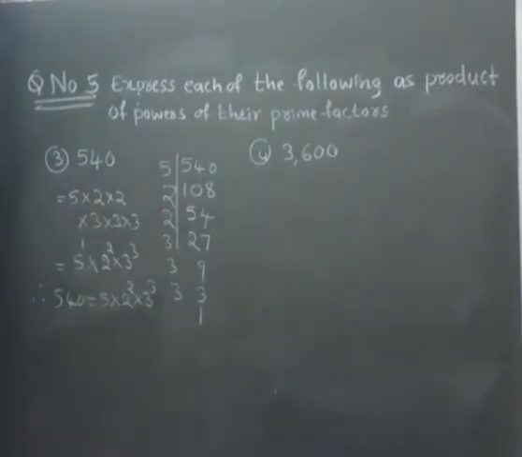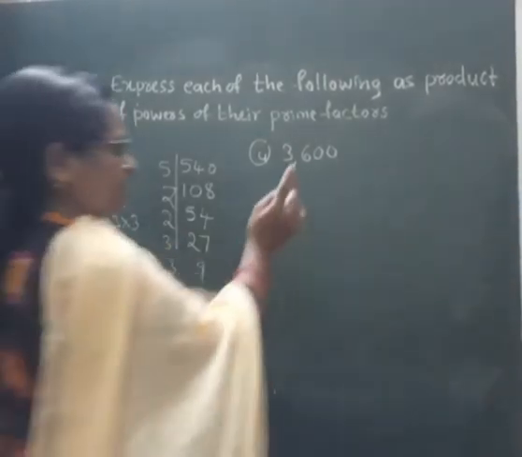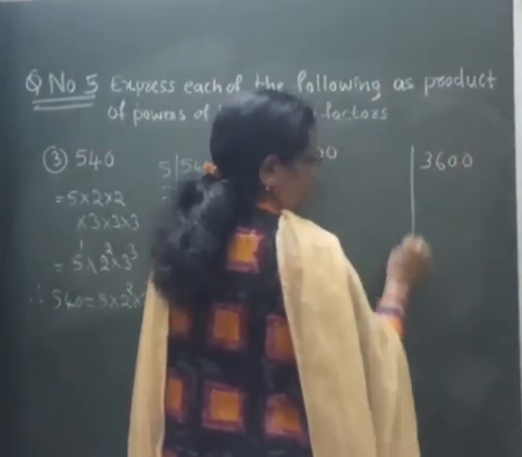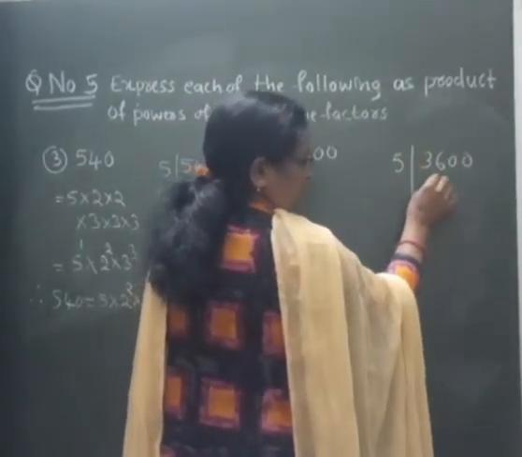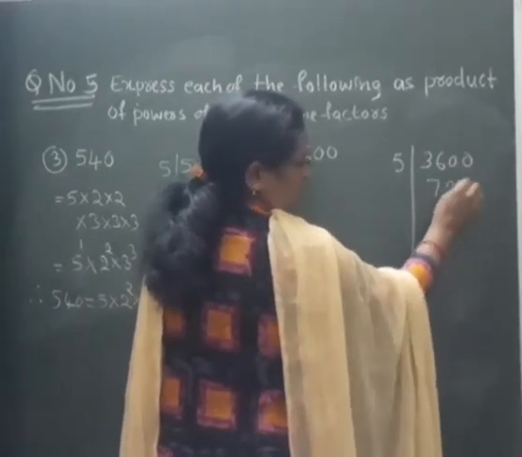Okay. Then 3600. It is divisible by 5, because here is a 0, we should take 5 first. 5 sevens are 35, 1 remains, 5 twos are 10, 0 remains.